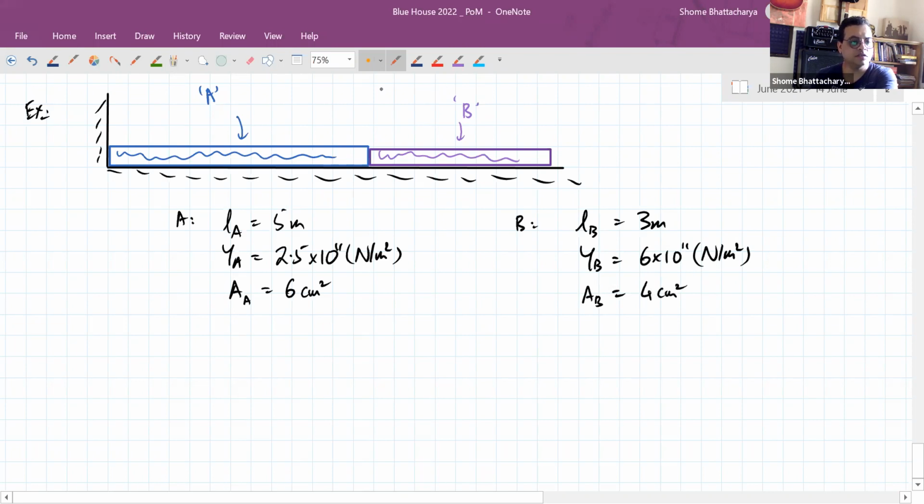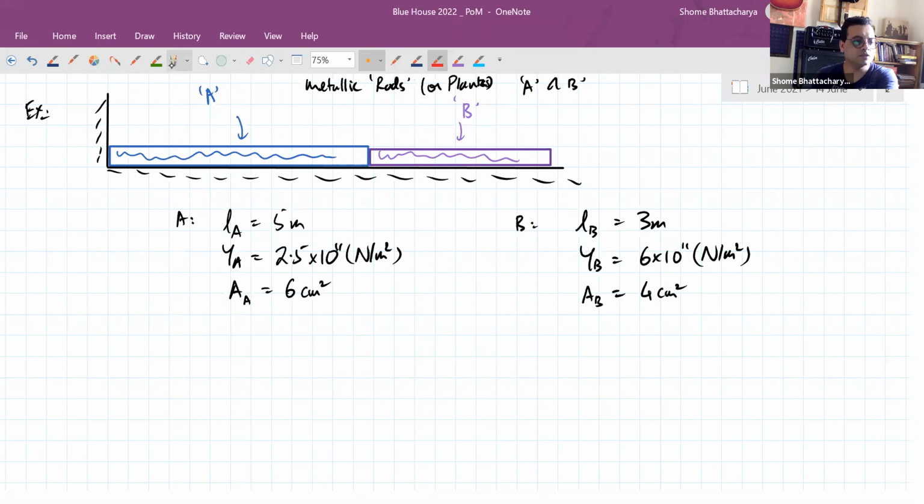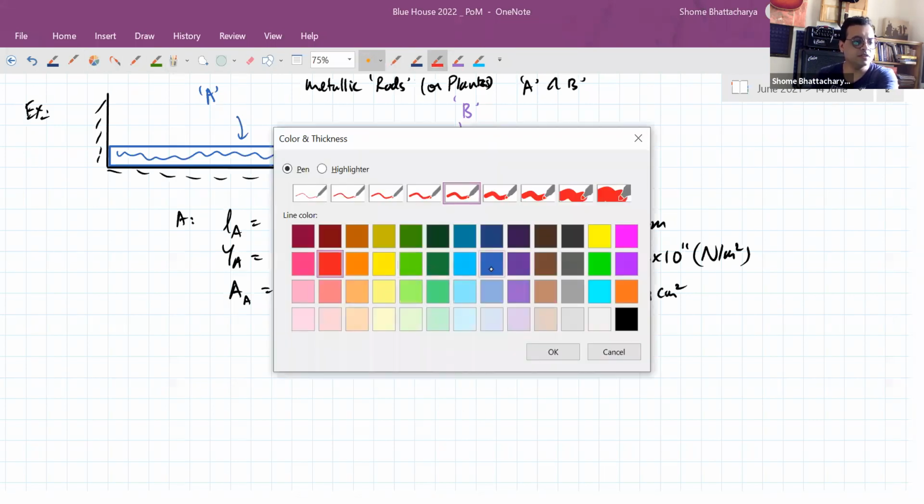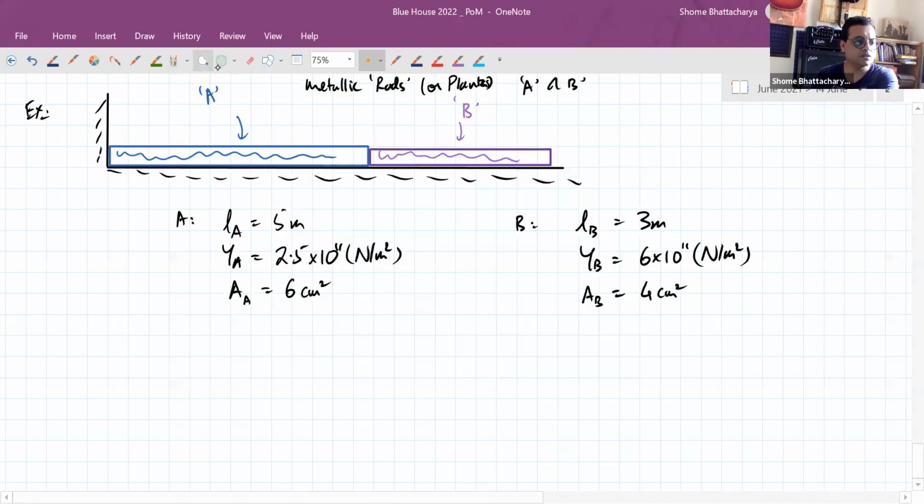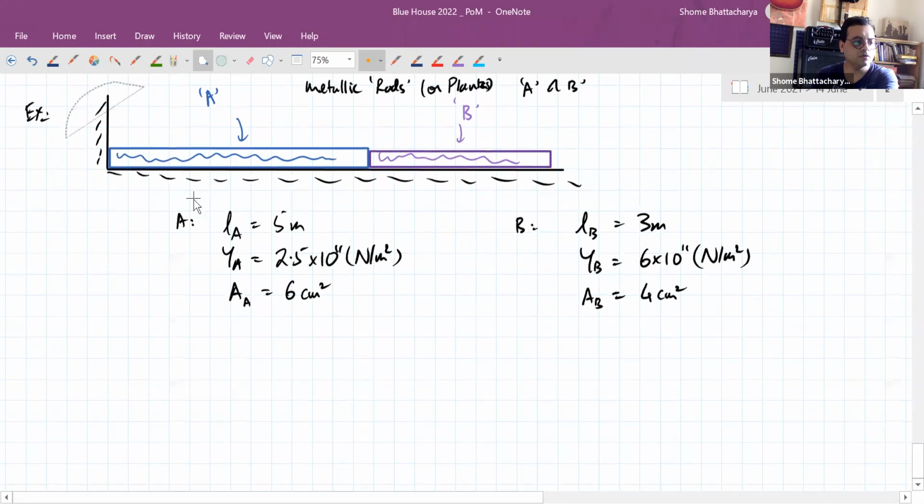These are metallic rods or planks, A and B. Now what we want to do is apply some force at this end of this combination, so that as a result the whole combination gets deformed.